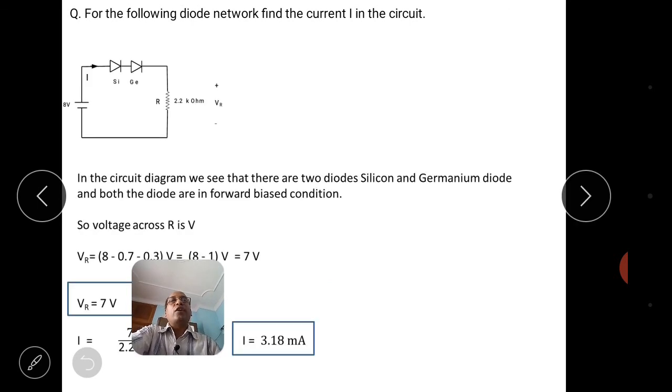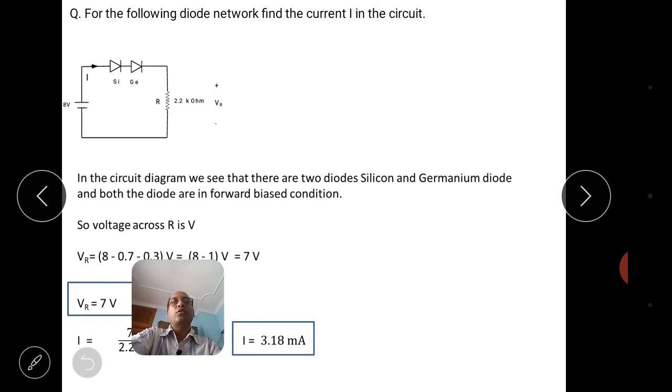For the following diode network, find the current I in the circuit. In this circuit diagram, we see that there are two diodes, silicon and germanium, and both the diodes are in forward bias condition according to the polarity of the battery.